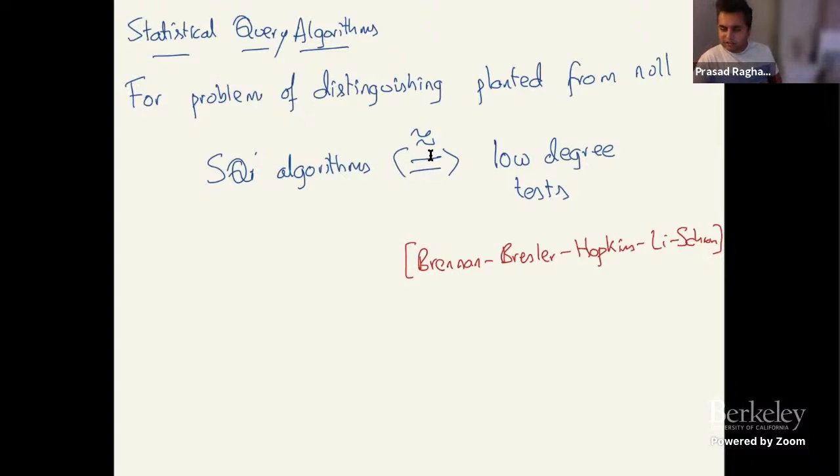But I don't know if there are very broad general statistical physics predictions. Maybe it's for the statistical physicists to tell us the prediction of when these problems should be easy or hard, such things.